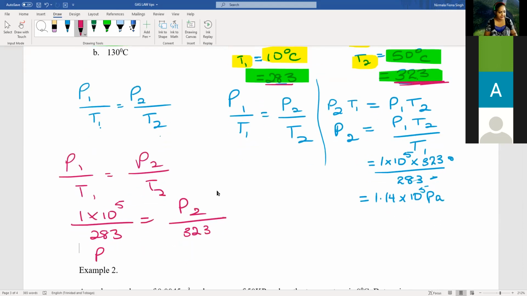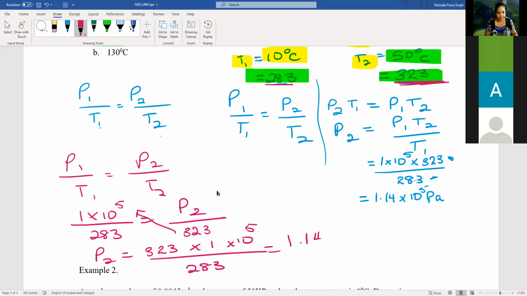So P2 is equal to 323 multiplied by 1 by 10 to the 5, divided by 283, and you end up at 1.14 by 10 to the 5. Please put your values to two decimal places at all times. Don't round these off too extremely because you're going to end up getting a mistake.